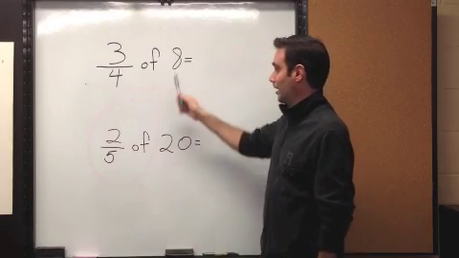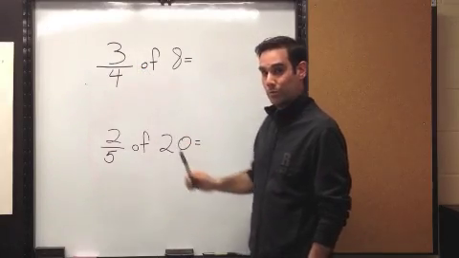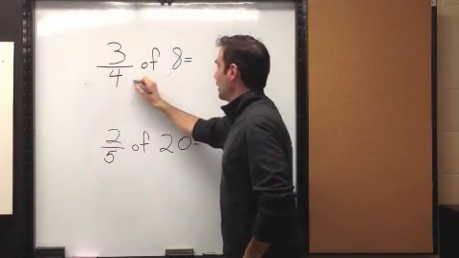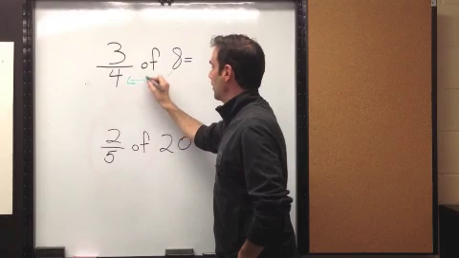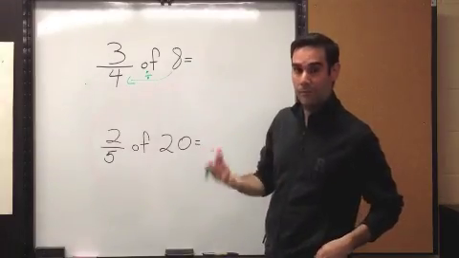All right. Again, I have my 8 things divided into 4 groups. I'm only looking at 3 groups. So let's do this. If I have 8 divided by 4, 8 divided by 4 is 2.